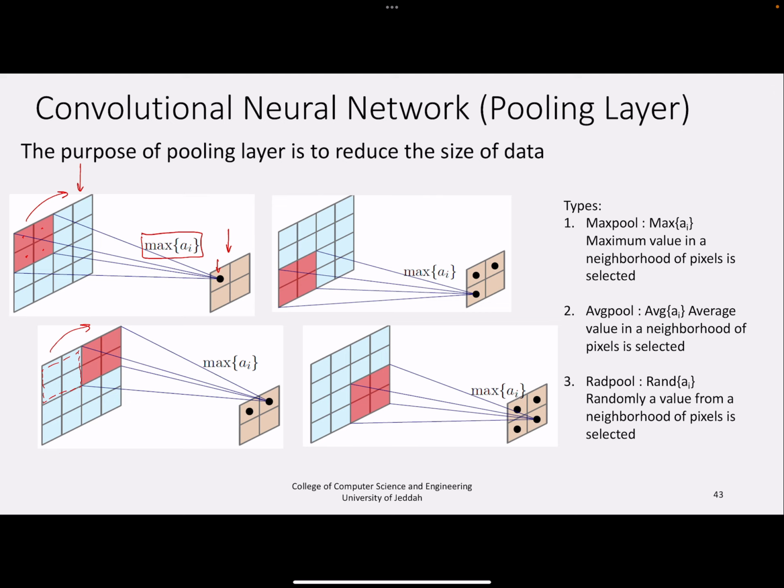So the size of the filter is 2 by 2, which means the stride of this filter in a pooling layer will also be 2.